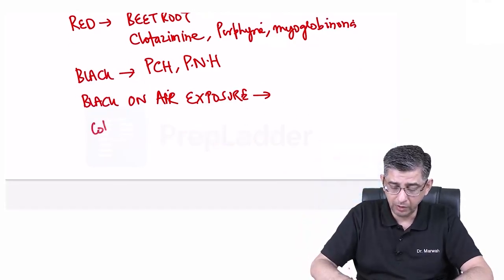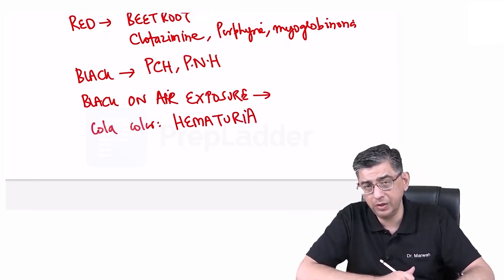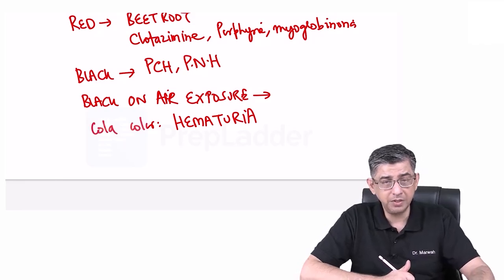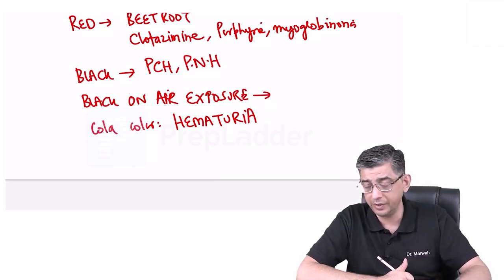If he uses the word cola color urine, then this again indicates glomerulonephritis. Glomerulonephritis will always have hematuria, either more than 100 RBCs in a single sample per high power field, or more than 5 demonstrated at least 3 times.